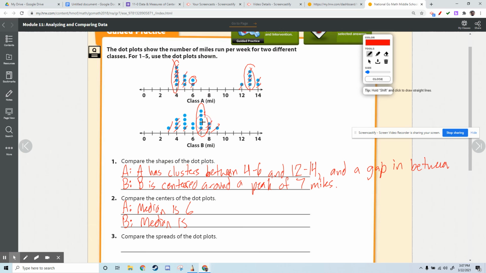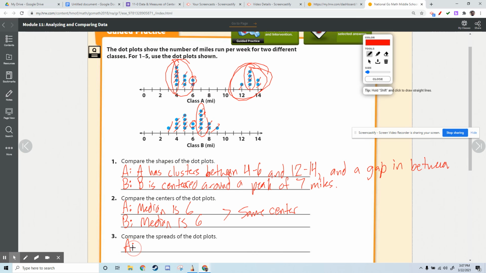Median is 6. All right. So they have the same center. Class B is a little more balanced out in the middle. Class A is heavy on people who don't run very much and people who do run very much. And it ends up being the same median.